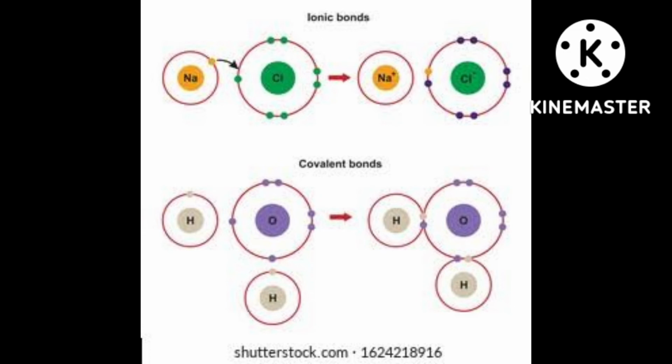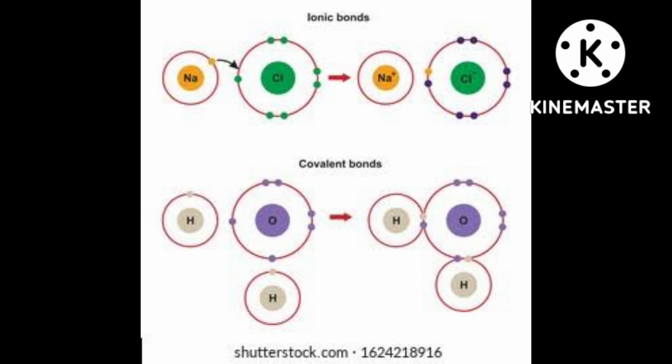Now I am going to tell about the bond angle. What is the bond angle? It is defined as the angle between the orbitals containing bonding electron pairs around the central atom in a molecule or complex ion.